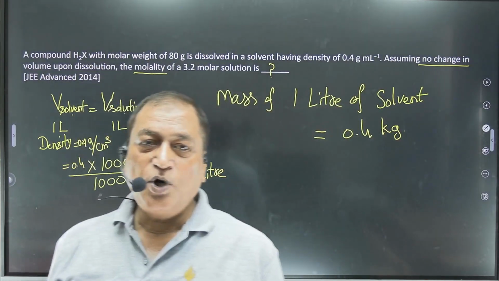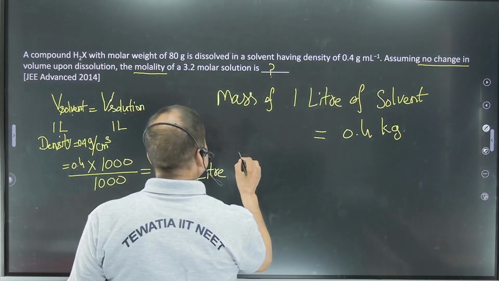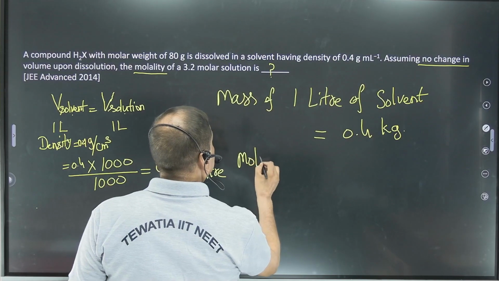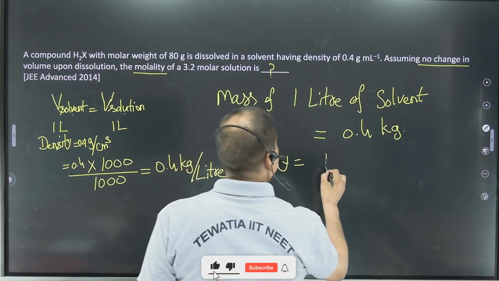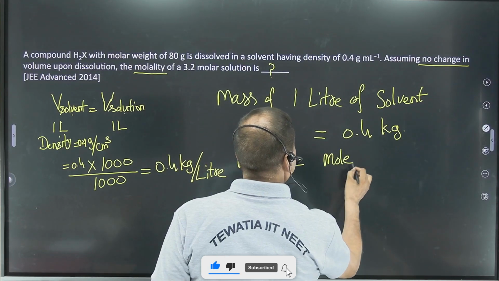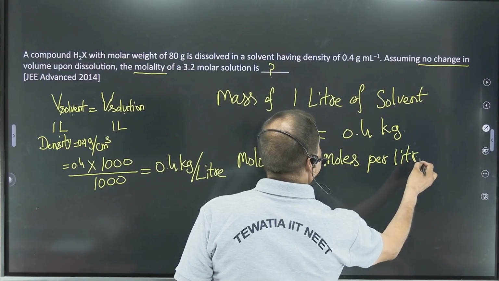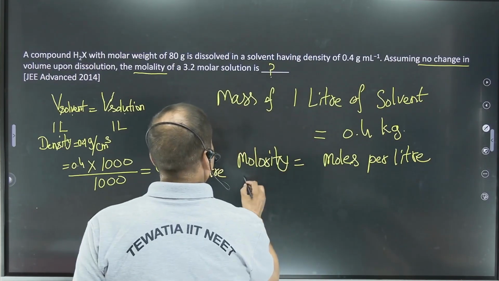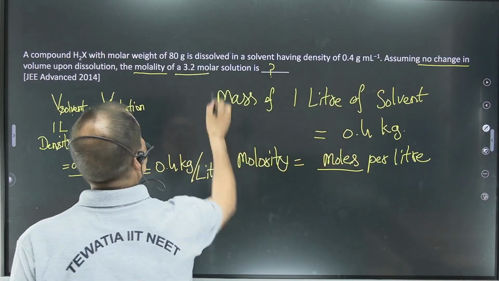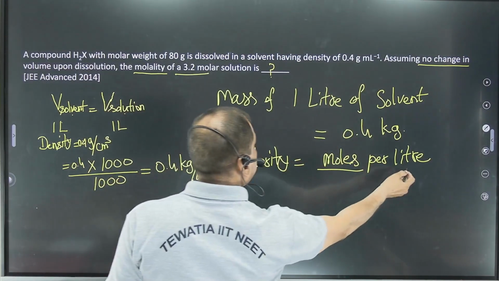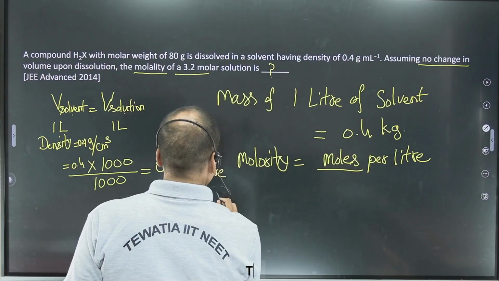What is molarity? Just by definition, molarity is moles per liter. So how many moles per liter are given? 3.2, and the weight of the 1 liter of solvent is 0.4 kg.